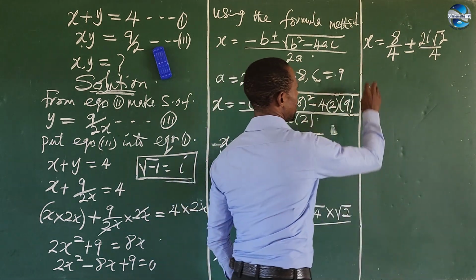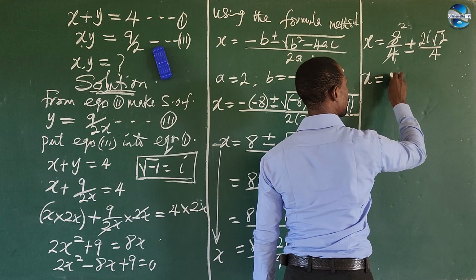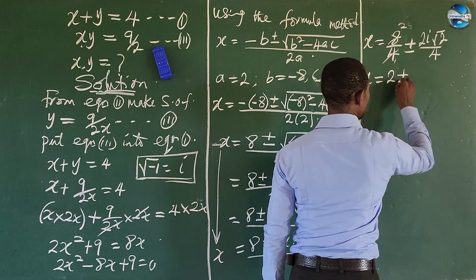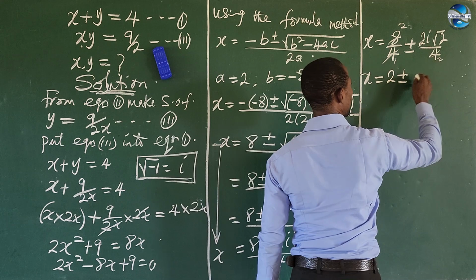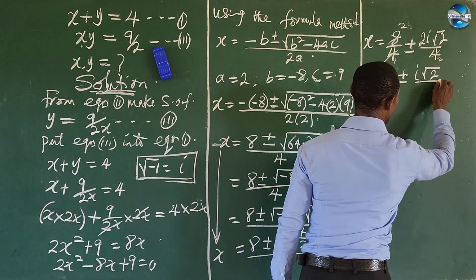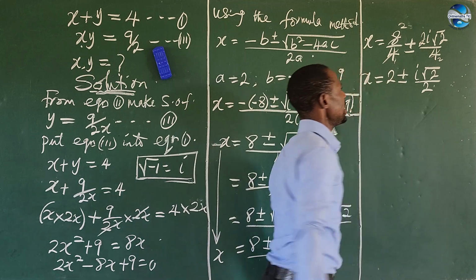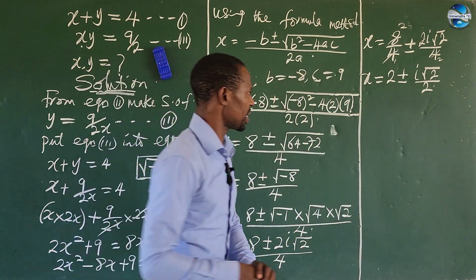So if we divide down, we're going to have x is equal to 2. Plus minus 2 divided by 2 will give us 1. So we're going to have i into the square root of 2, all over 2. Okay, so we have 2 roots from here. Now, what are the 2 roots?